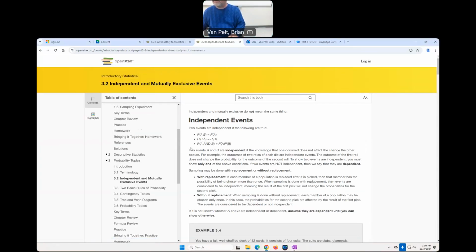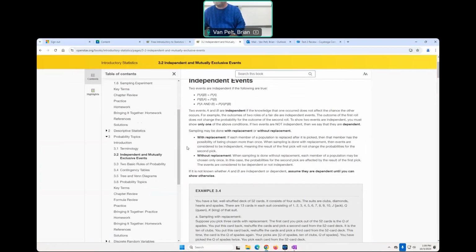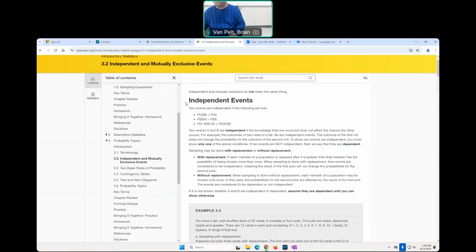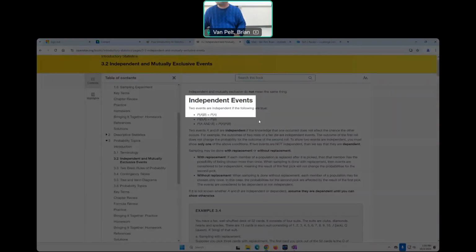Independent and mutually exclusive. These are important. Independence has one of three different types of categories. I'll pull this into the discussion.